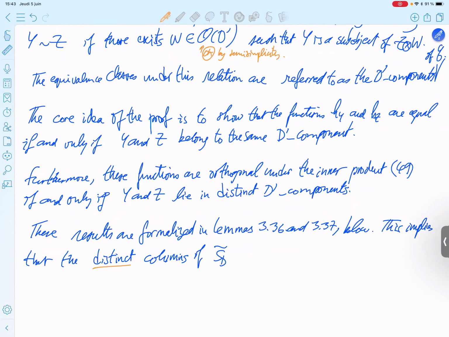Two different columns are distinct by definition, but if their entries are the same, we will say that as vectors, they are the same. So two distinct columns means distinct as vectors. I hope it's clear. So be careful.